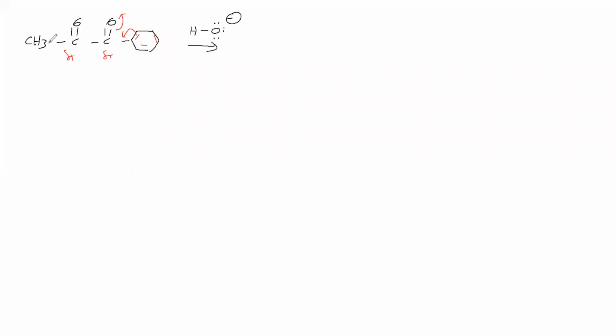Here hyperconjugation is shown, therefore here the magnitude of positive charge is more and here it is less. Therefore OH minus will attack this carbon. So we got an idea which carbon OH minus is attacking.